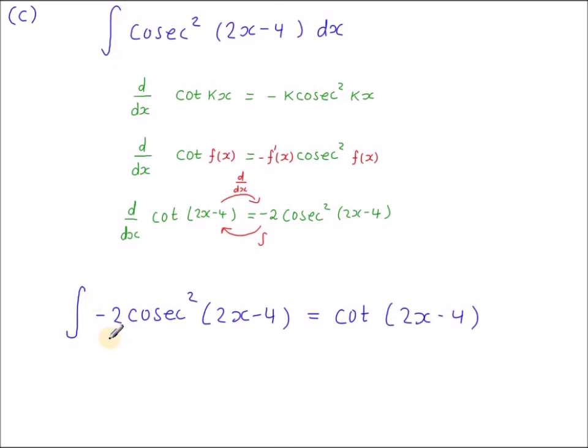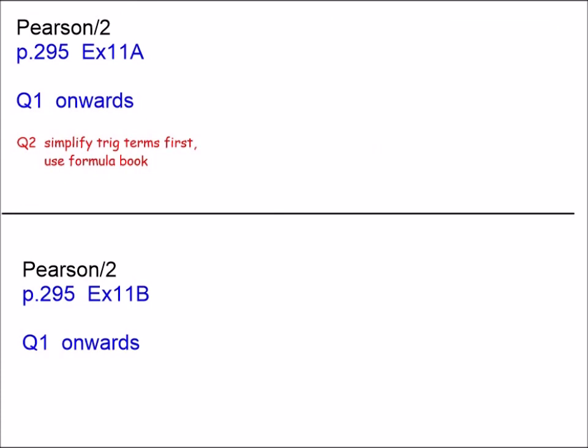So if I divide both sides by minus 2, that will go. Dividing by minus 2 on this side, and then just simplifying at the end. So integrating all of this will give us minus a half cot of 2x minus 4 plus a constant of integration. For practice, try these questions.